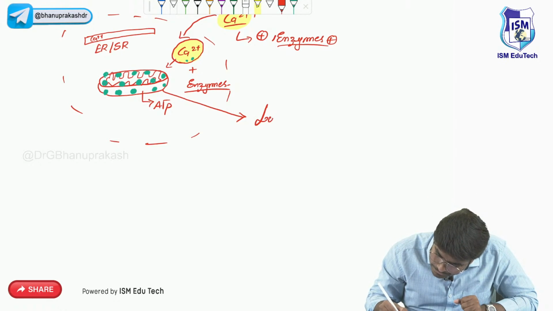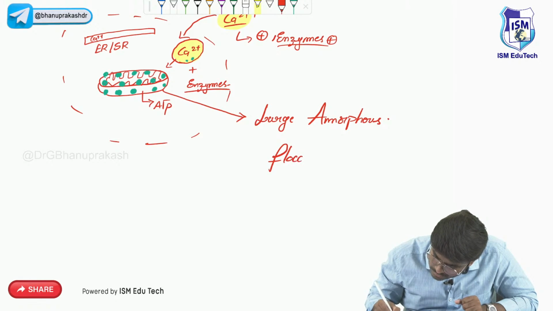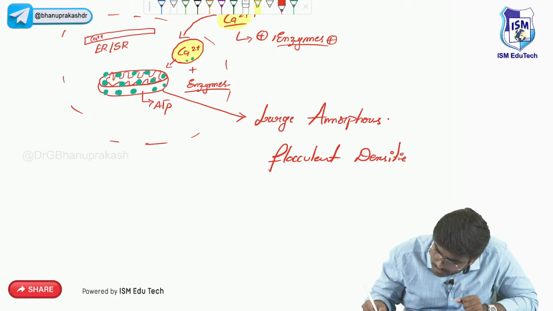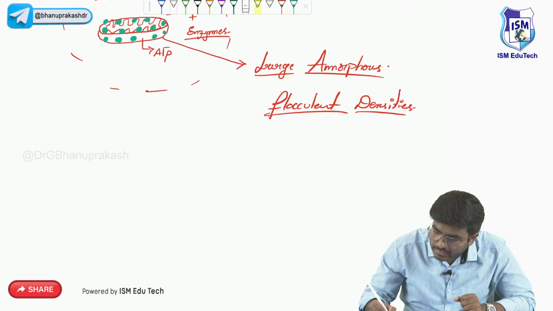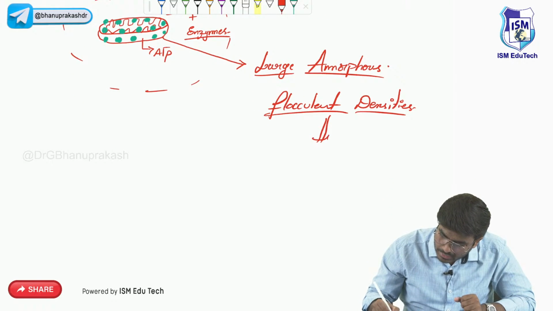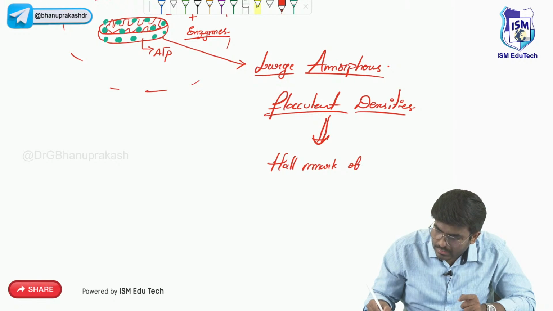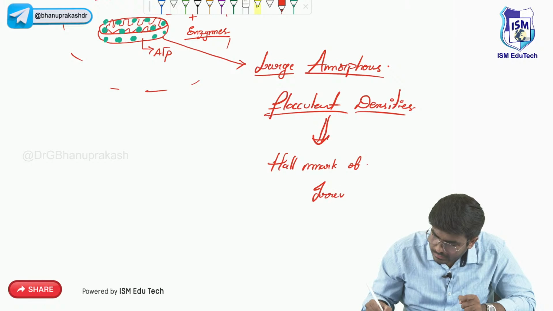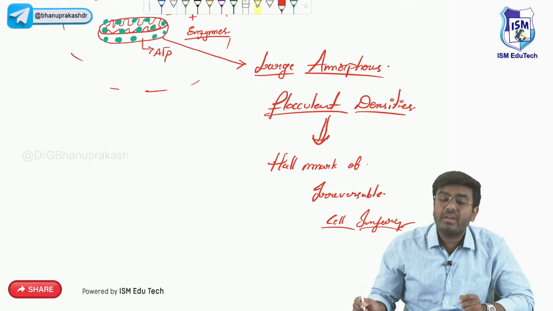So, large amorphous flocculent densities. They are the hallmark of irreversible cell injury.